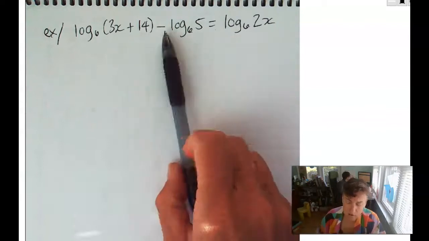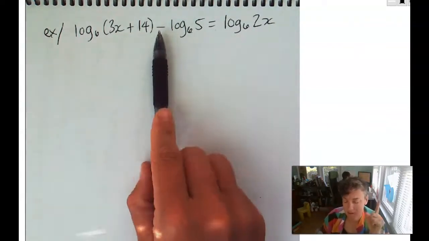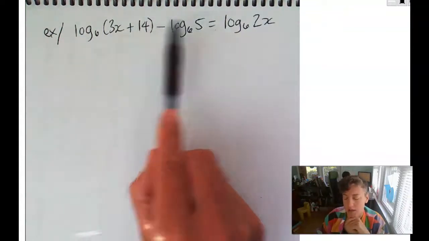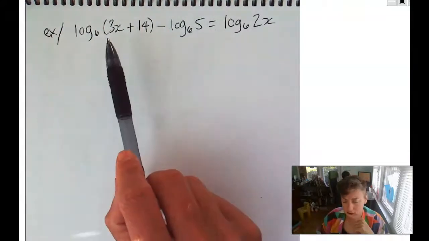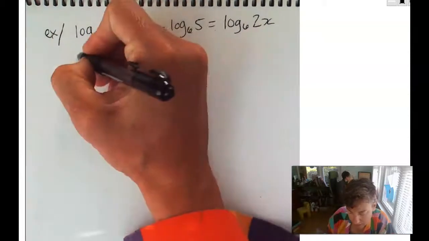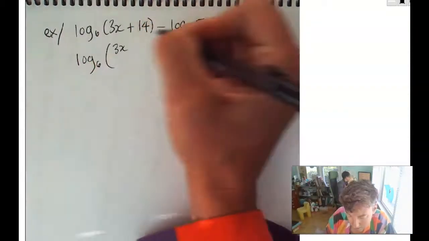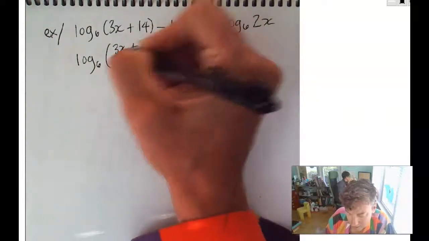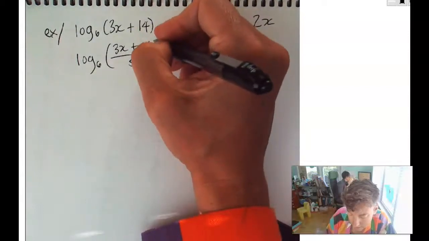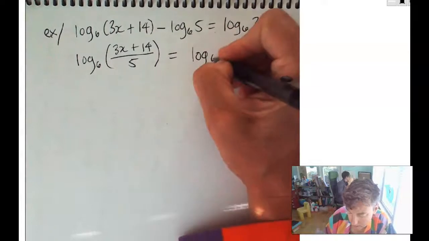Now, because we are geniuses, we remember that when we are subtracting two logs, that means we can take what we are logging and do some division. So this is the same as log base 6 of 3x plus 14 divided by 5 equals log base 6 of 2x.